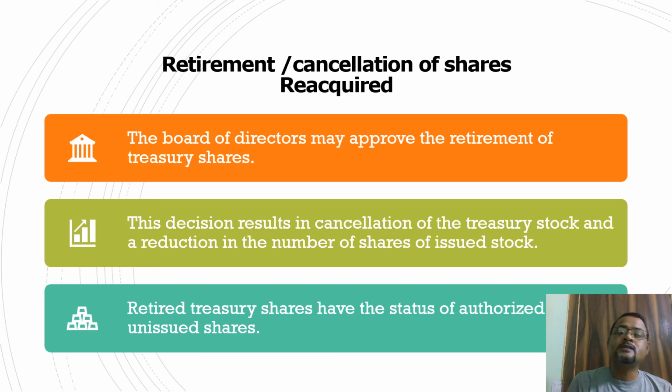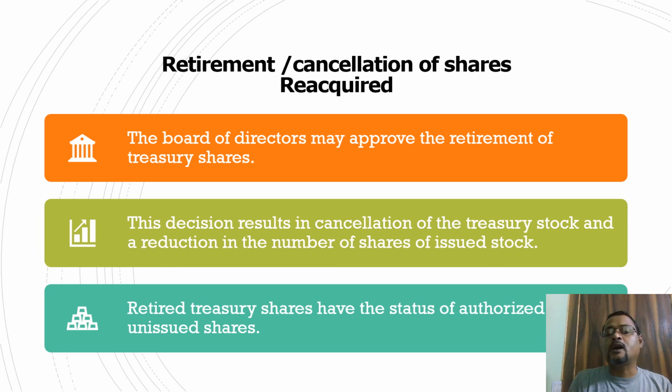If the shares are not reissued and not held, then the firm and its board of directors may approve retiring or cancelling the shares. They would not like to hold these shares in this case. The decision results in cancellation of the treasury stock. As a result, the number of issued stock will go down by 10,000. We have seen in the initial example that the company has issued 100,000 stocks in total.